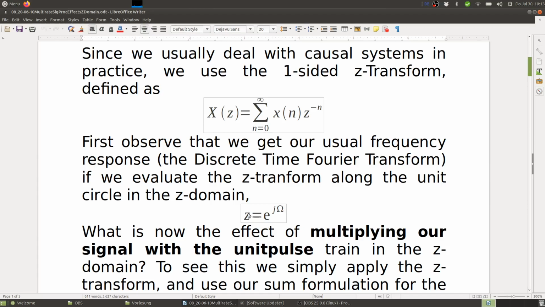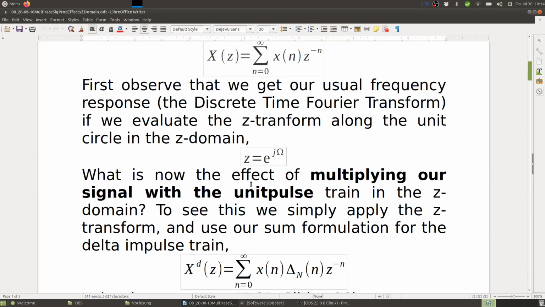And if you plug this substitution into this formula, we see that it is basically the discrete time Fourier transform for causal signals, right? So it's basically identical, except that here in the argument now we have e to the j omega instead of just omega. But that's just a notational difference. So basically we see that the Z-transform is a generalization of the discrete time Fourier transform in this way, because z can also be in other places in the complex Z-domain.